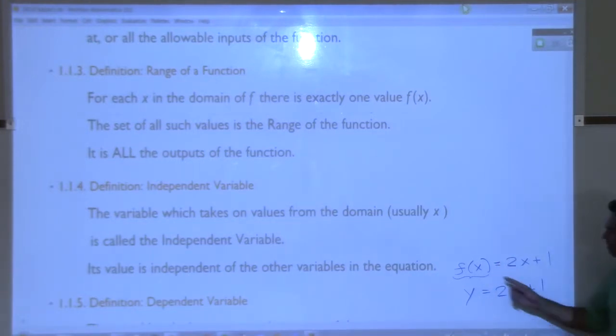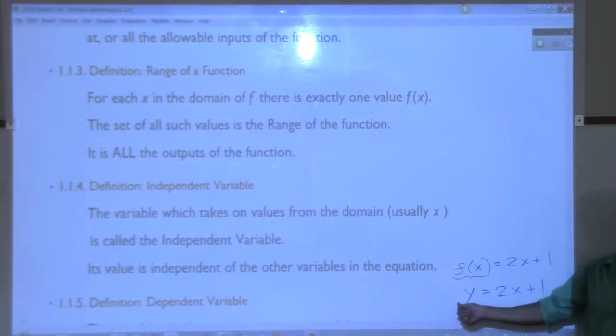So in this case, if we write it like this, it is understood that f is a function of x. And that means x is the input, which means that x is the independent variable. And then when we write it this way, we would say y is the dependent variable, because in order to know y, you must provide x, right? Someone gives you x, then you know y. So independent, dependent.